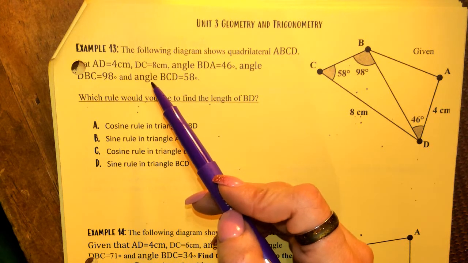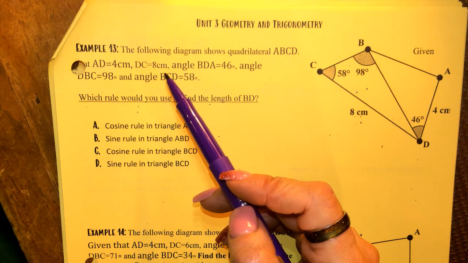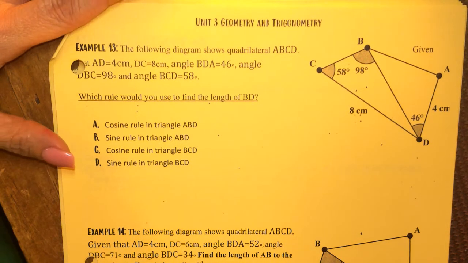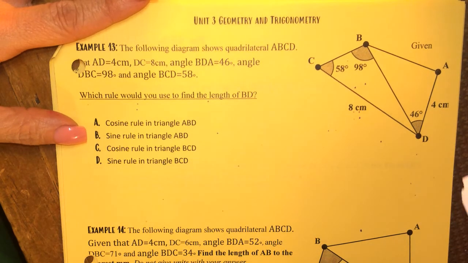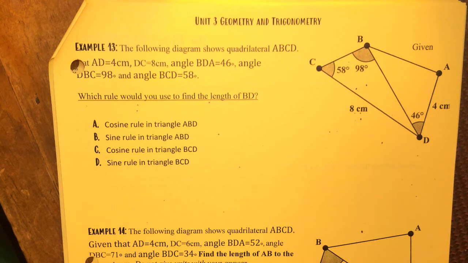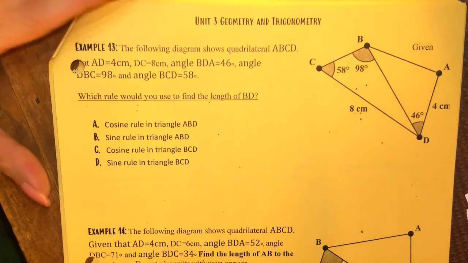Oh, I got a whole bunch of typos. Find the length of AB to the nearest millimeter. Do not give units to your answer. Okay, I'm going to make sure my picture is right. Oh, you know what? That's a different problem. That's why. Oh, here it is. Okay, I found it. Sorry, my paper was different.